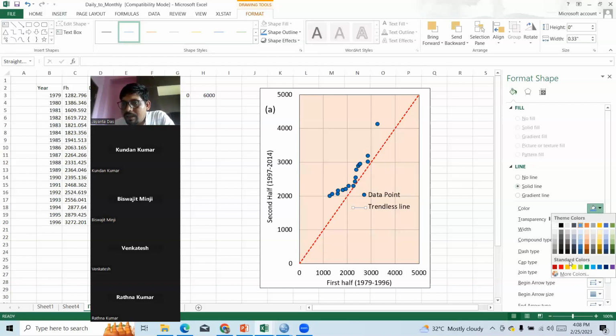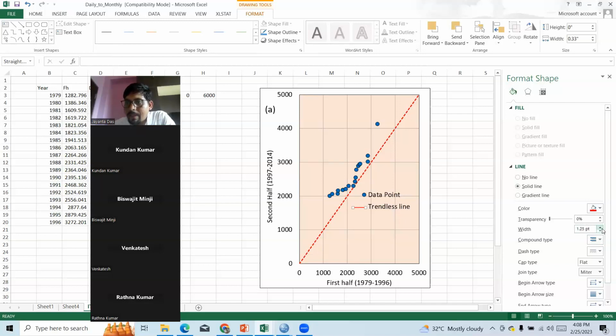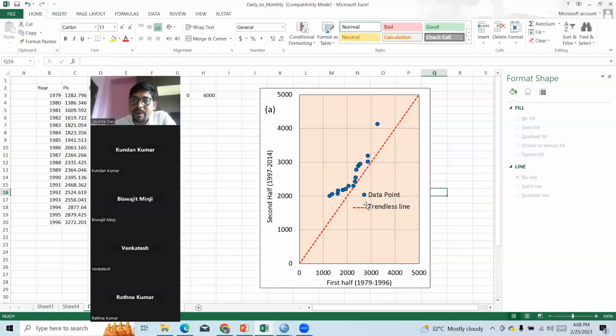Now choose color, same color like this, red with 2, because it is 2. And dash type, same, this one. So this is a trendless line. Data point, trendless line. Now it's an increasing trend, it's a decreasing trend.